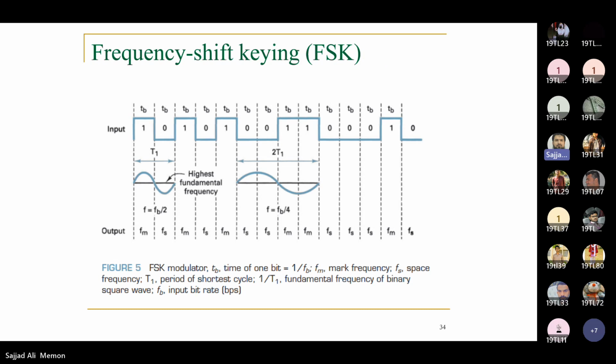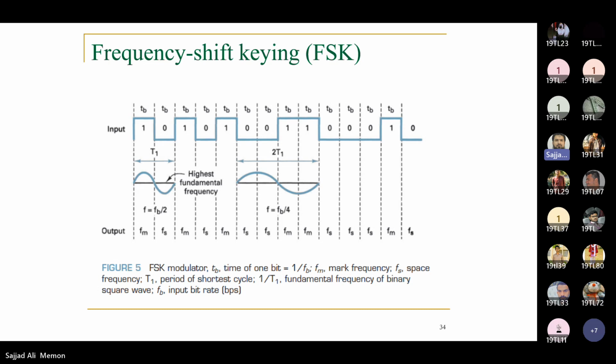So you can see that this is the fundamental frequency. It is equal to half of the bit rate when we have alternating 1s and 0s in the input signal. But when we have two zeros and two ones, then the fundamental frequency will be equal to f_b by 4. So this is the worst case scenario, where your fundamental frequency will increase when we have alternating 1s and 0s.